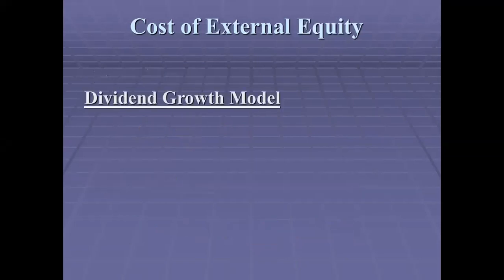Okay, this is the cost of external equity. Remember that for external equity, if you want to issue new stock, you have to pay a certain amount of money to the issuing company, say an investment bank or security company.